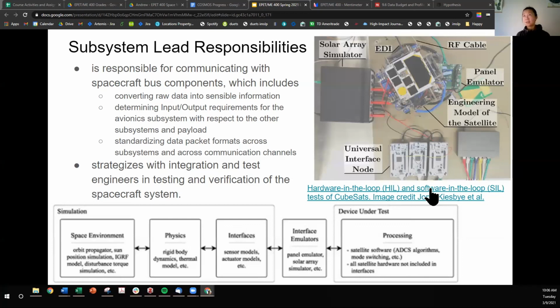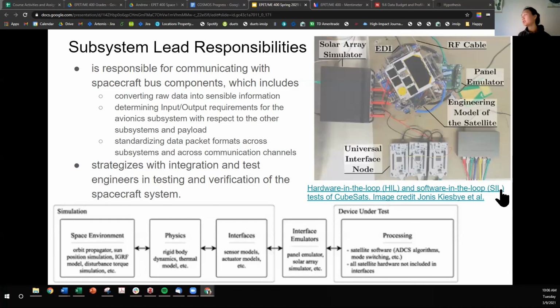In Cosmos, you are capable of conducting software in the loop tests. There are ADCS simulators for you to enter in your orbit information, your satellite geometry, and then you press play, and you can step through what the software would do in space for your fake spacecraft.